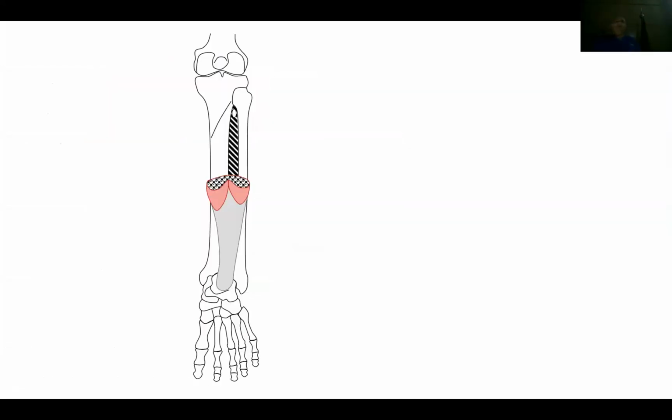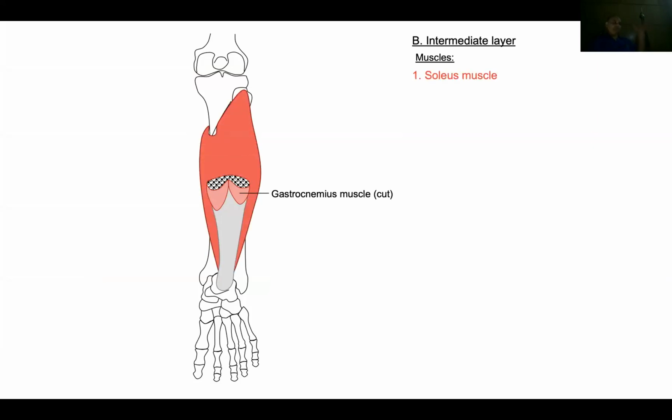Now, coming back. We have chopped the gastrocnemius muscle to show what is inside. So we have covered the first layer. Now there is the soleus, the big one. Dr. Ayman was talking about it being like a fish. Is it really fish? Yeah, it looks like that. So this is my soleus muscle.